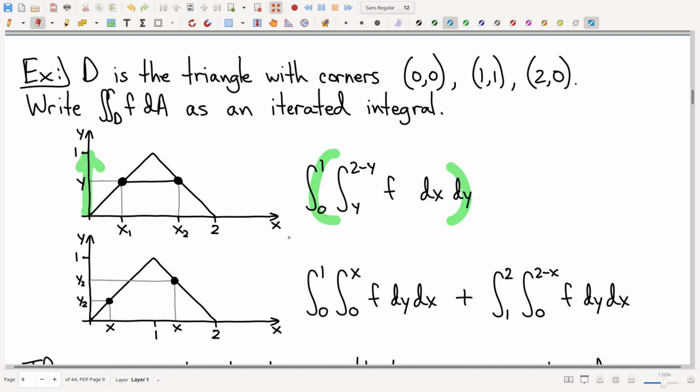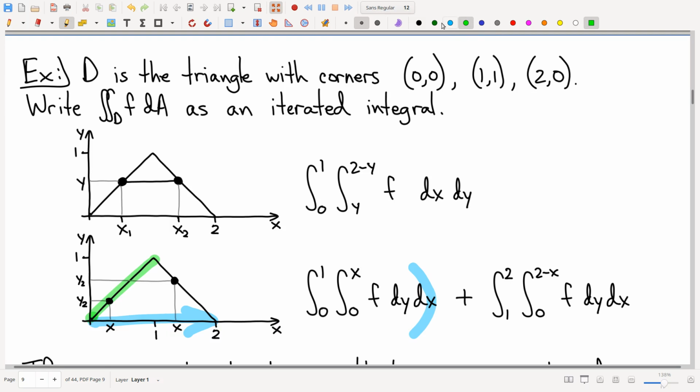Now let's do it the other way. Tempting to say, well, we'll start with x going from 0 to 2. I mean, it does. But if you say x goes from 0 to 2, here's the problem. For some of those values of x, this is what determines the upper bound for y.